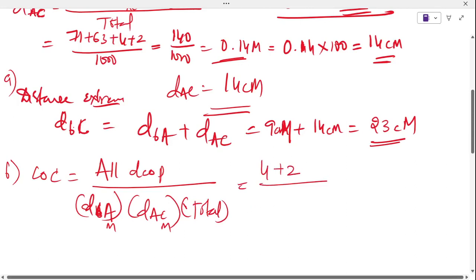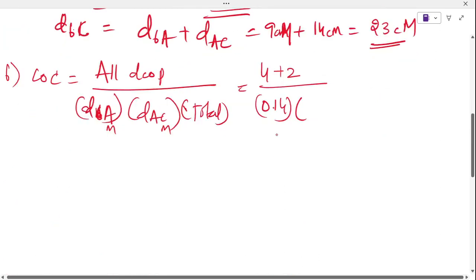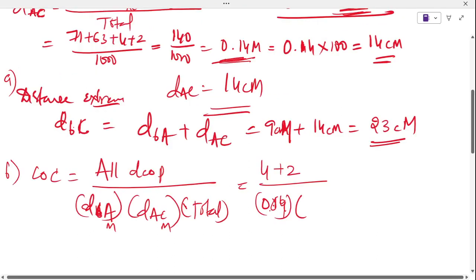Distance in Morgan with respect to small b capital A, sorry, the distance between BA is 0.09, and one more distance, the distance between AC, is equal to 0.14. So 0.09, 0.14, and the total will be 1000.